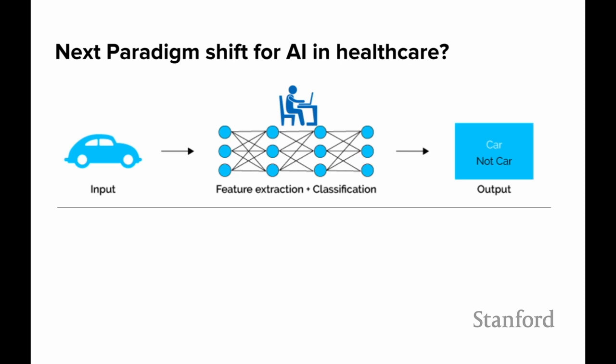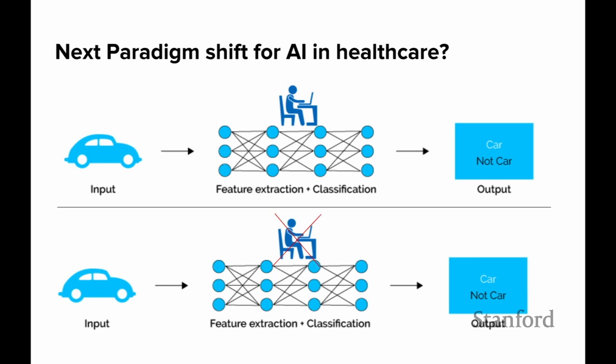Here's what I think will be the next paradigm shift for AI in healthcare, but also more generally: we still have a deep learning engineer up here. That's you, that's me, designing the networks, making decisions like a convolutional neural network is the best architecture for this problem, the specific type of architecture. There's an RNN, CNN, and whatever NN you can throw on there. But what if we could just replace the ML engineer as well?